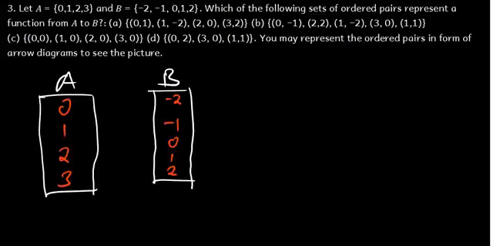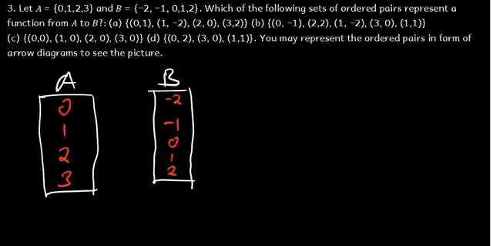Now the first point here, they are saying which of the following set of ordered pairs represent a function from a to b. So the first point, which is part a, is 1 comma 0. So 1 comma 0 is going to be, we start from 1 all the way to 0. So where is 1? We have got 0 comma 1.